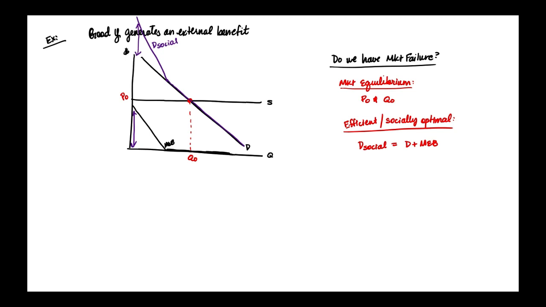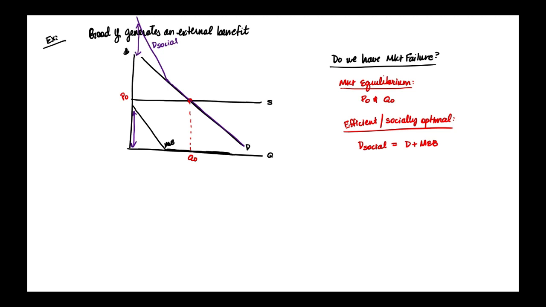So what's interesting about this situation? Brandon? There's no market failure. How do you know? Because the market's already at equilibrium. Okay, the market's at equilibrium. So what's the socially optimal price?